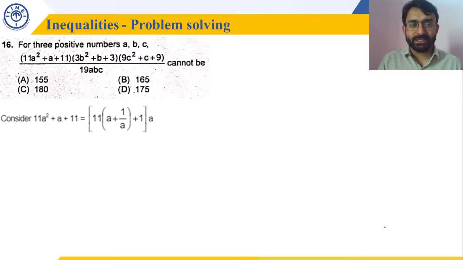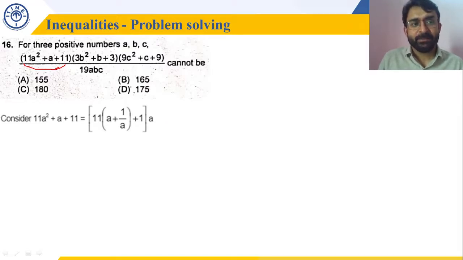We'll take one of the terms, 11a square plus a plus 11. I'll take 11 common from these two terms, so I'll get a square plus 1, and a outside. First of all I take a outside.